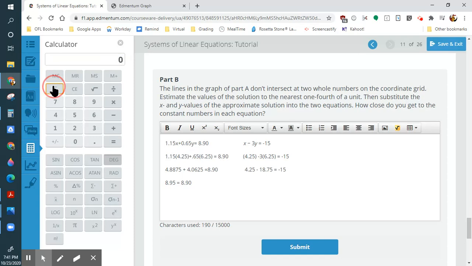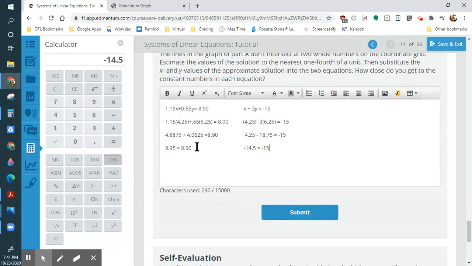I have a feeling we're pretty close as well. 4.25 minus 18.75, 14.5. So we got negative 14.5. I probably could have done better, but considering they told us to guess based off of quarters, meaning 0.25, I think we were pretty close.